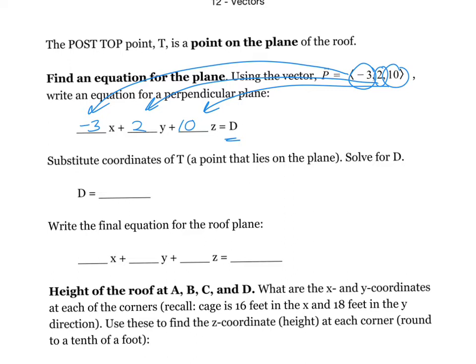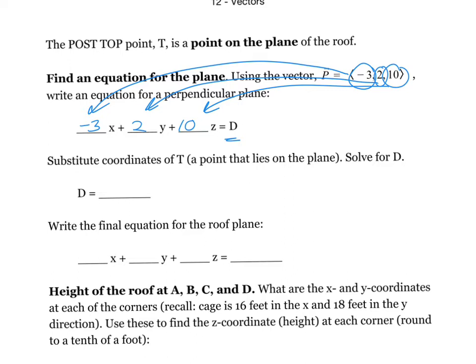And the coordinates of that point happen to be the same as the components of the vector. And therefore they're the same as the coefficients A, B, C, and D of the plane equation. Now, if we had chosen a point other than the base of the post to be the origin of our axis system, then these numbers wouldn't be the same, but the end result would be the same.